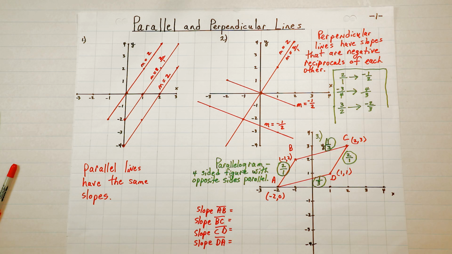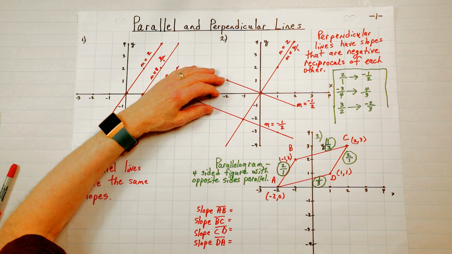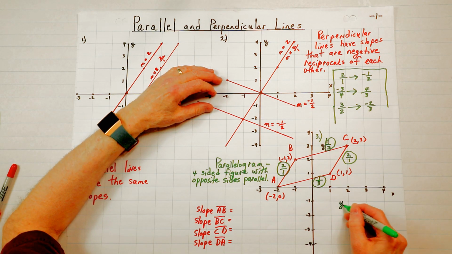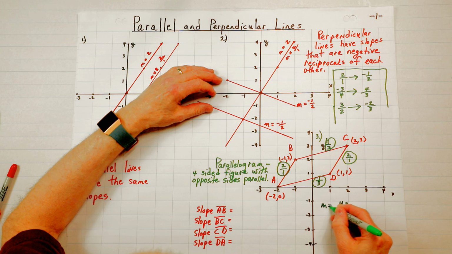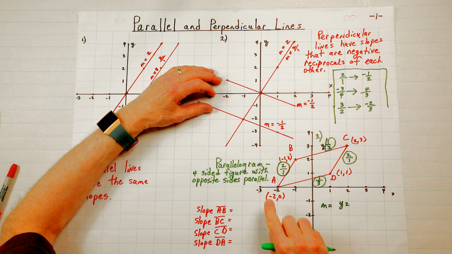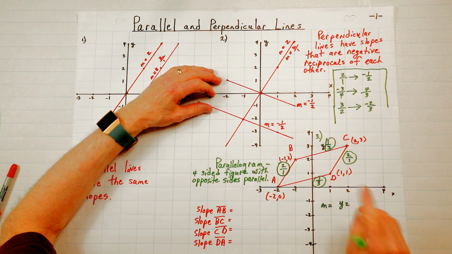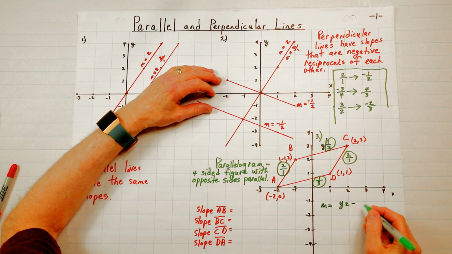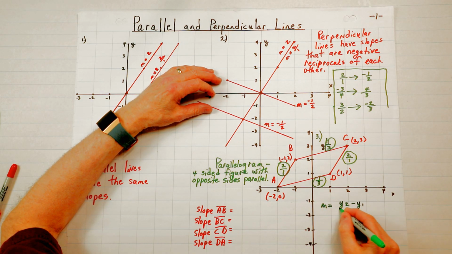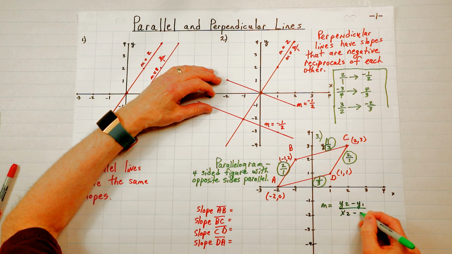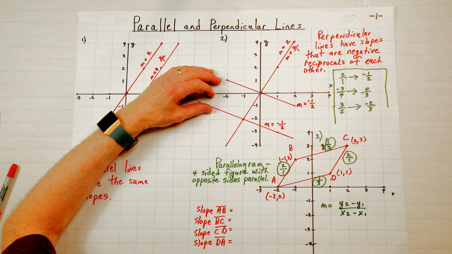Now I'm going to do the calculations, just so that you'll see that when we calculate, we get the same thing that we did when we did it from the graph. Formula for slope, y2 take away y1 over x2 take away x1.